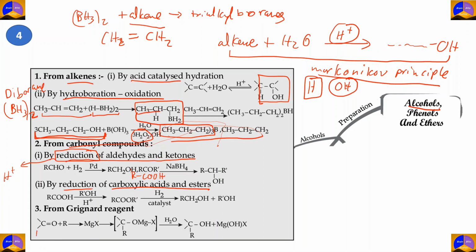So you have the carbonyl compound, you have the Grignard reagent, which is RMgX, and then you form an intermediate, which is very unstable, which immediately in the presence of water splits to give you the alcohol and another compound, which is a residue from the Grignard reagent.